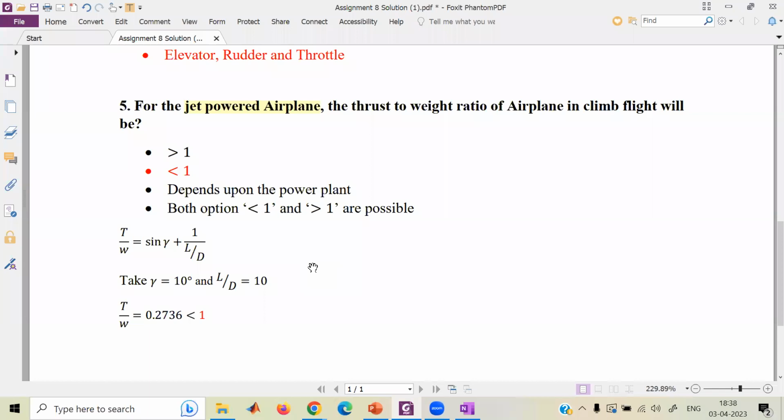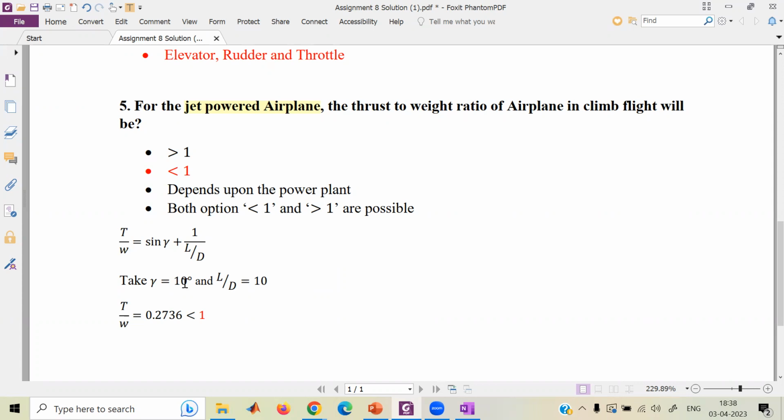Then my only explanation is maybe this question is for commercial aircraft. Because gamma is 10 degrees given here, they are assuming gamma is constrained. If gamma can be 90 degrees, then definitely this term is greater than one. They should specify it, commercial or fighter.